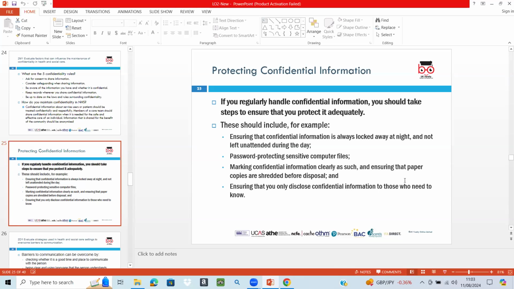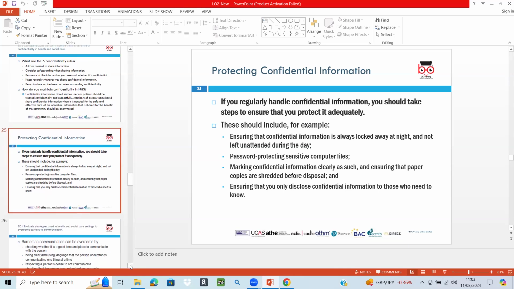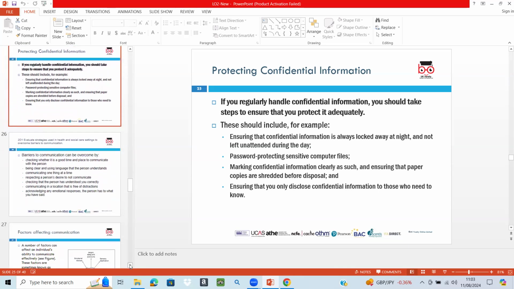So we need to ensure that no sensitive information can be recovered. And the last one is we need to make sure that confidential information is only disclosed to those who need to know. For example, as we discussed, the local authority or any specialist.